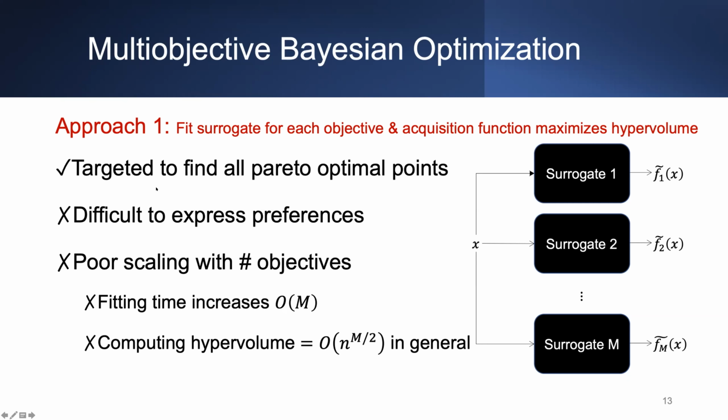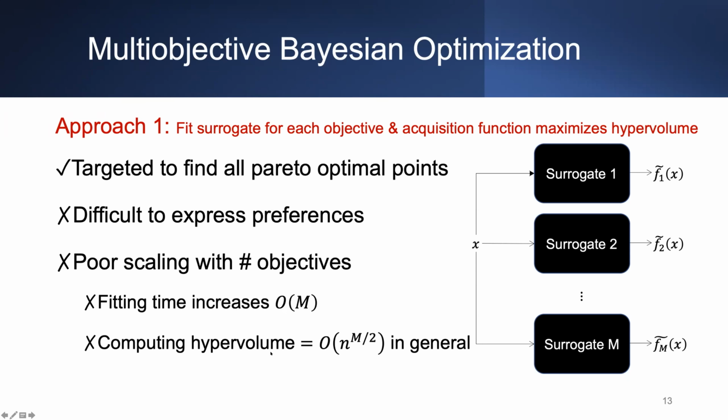And so what is the advantage? The advantage is that you're explicitly doing Bayesian optimization with the goal of finding all possible Pareto optimal points. And so that's nice. But the problem is that it has a few difficulties. The first is that it's hard to express preferences if you have any preferences between your objective functions. The second is that it scales very poorly with the number of objectives. For one, for as many objectives as you have, you're going to fit that many surrogates in every iteration.